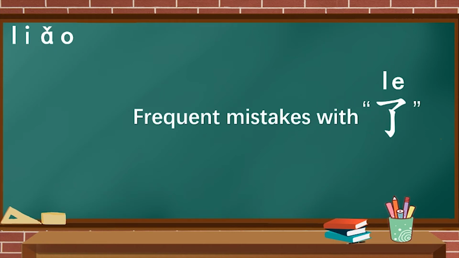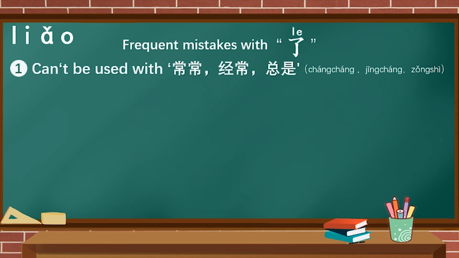So much for the usage of le and liao. The usage of le is more complex. So here are some frequent mistakes that foreign learners often make when they use le. First one. 常常, 经常 means often. 总是 means always.